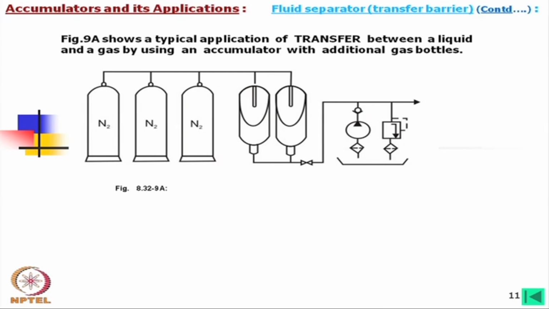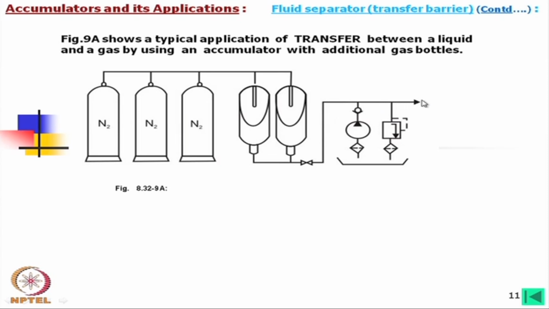Now, another example of the transfer barrier is a typical application of transfer between a liquid and a gas, here nitrogen, by using an accumulator with additional gas bottles. Say here we have two accumulators and oil is being pumped here.